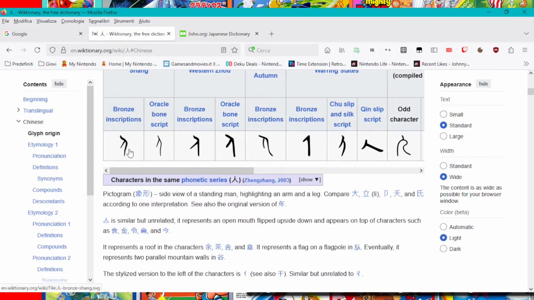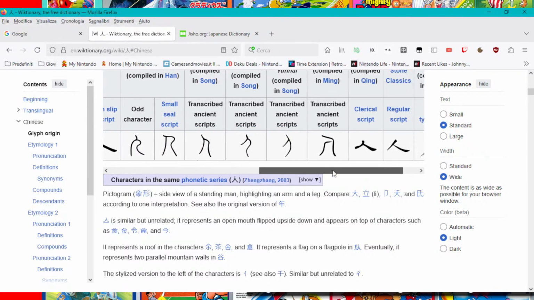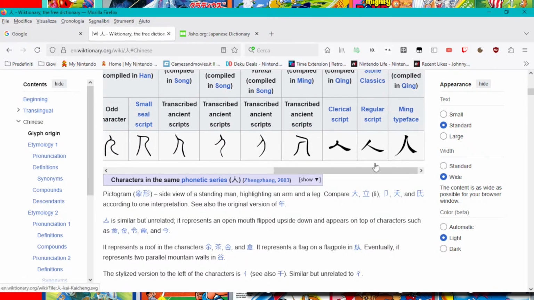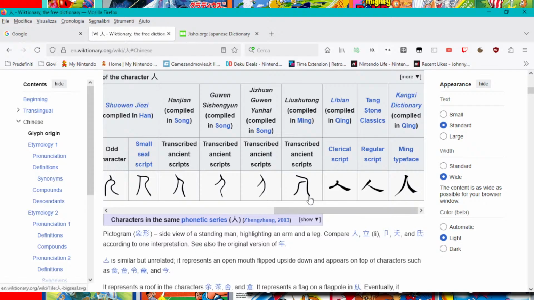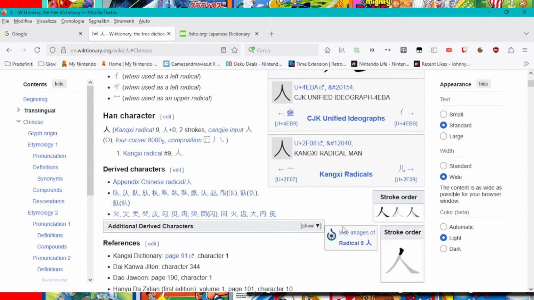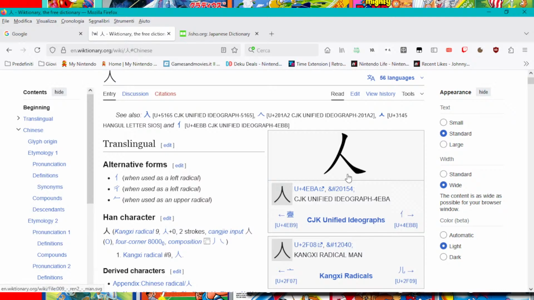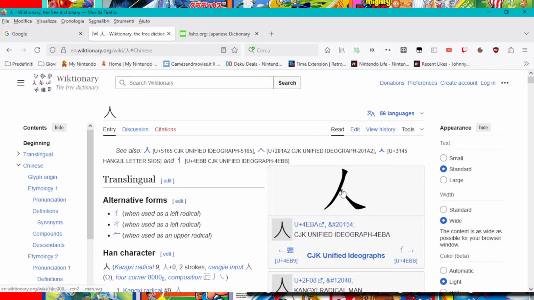And as you can see, it's the side view of a standing man, but then it evolved and became the kanji we use today for person, written like this.